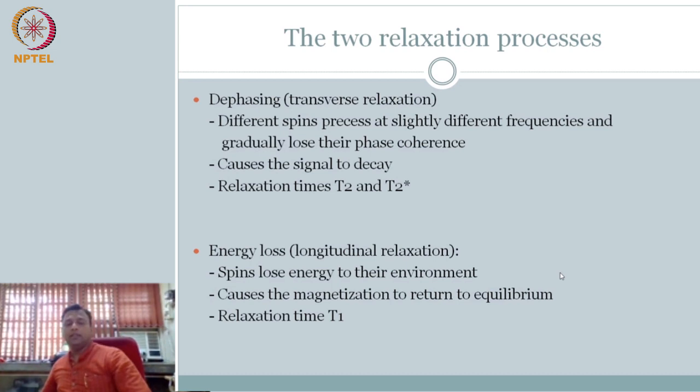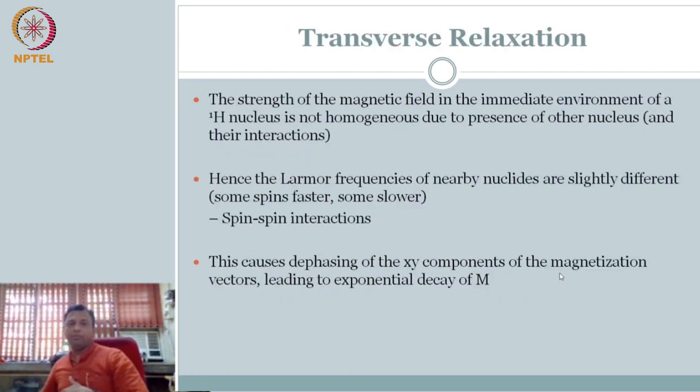So let's start with T2, the dephasing part. Transverse relaxation. The strength of the magnetic field in the immediate environment is different, as I told you, because it is not homogeneous. There are small differences in the surroundings of each nucleus, and therefore the spin-spin interactions make some spins slightly fast and some slightly slow, and there is dephasing. With time, all of them become out of phase.